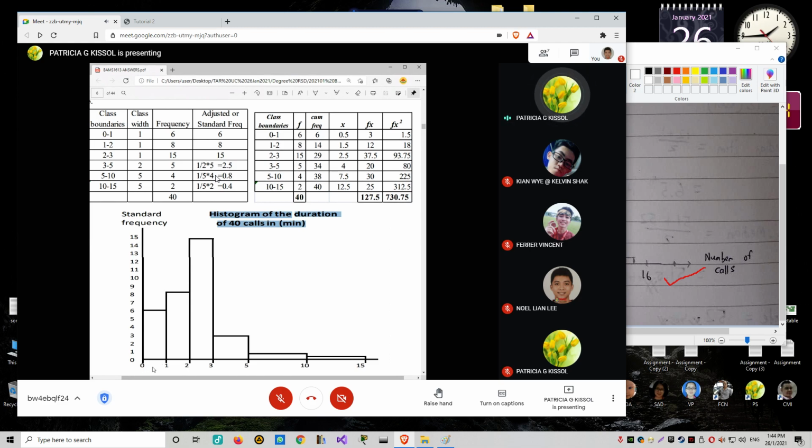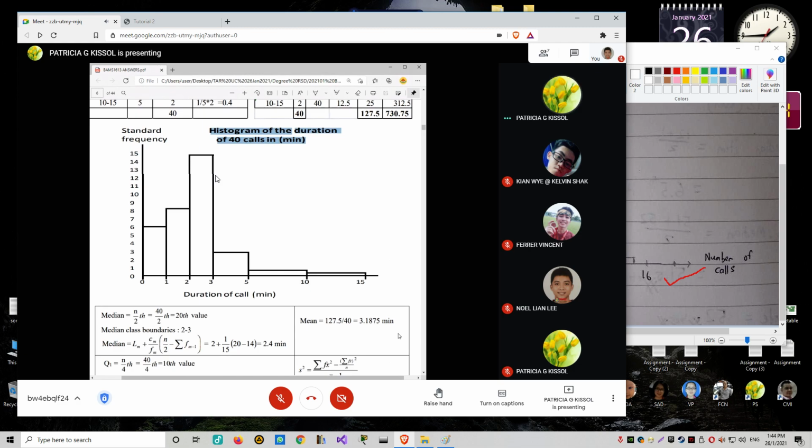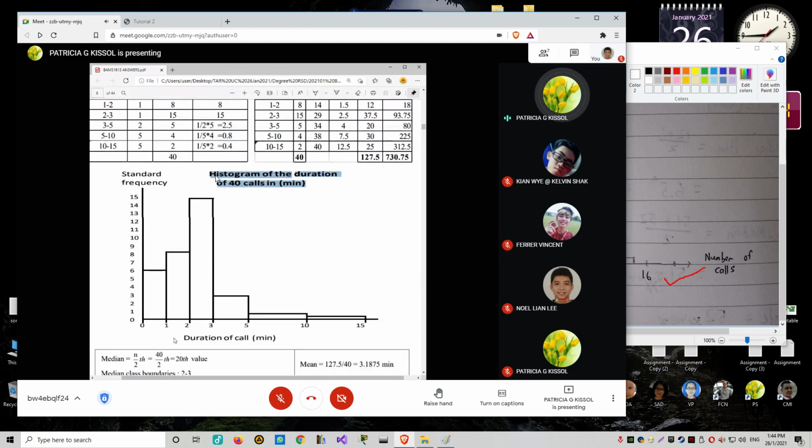You see the scale must be correct. 0 to 1, 1 to 2, 2 to 3. The measurement is correct. So you see it becomes flatter towards the end. And of course, you should label it as duration of call in minutes.